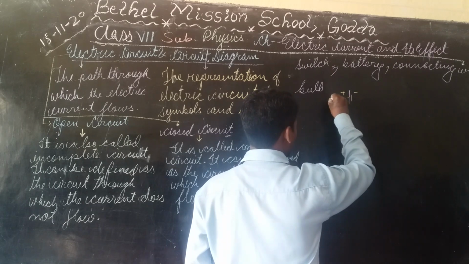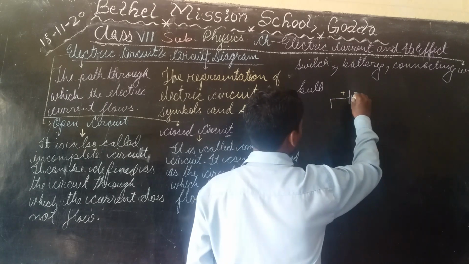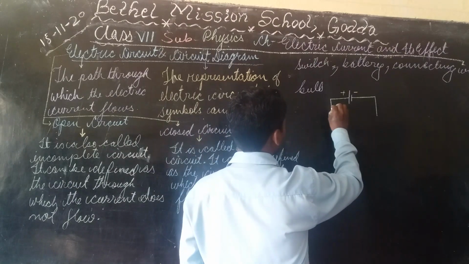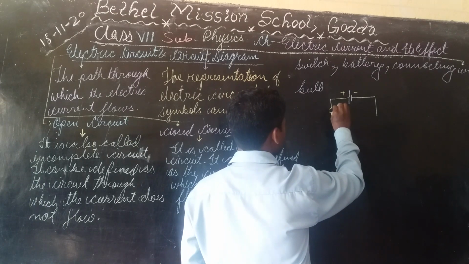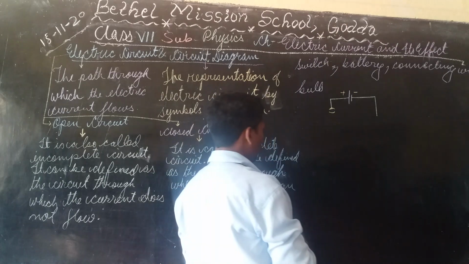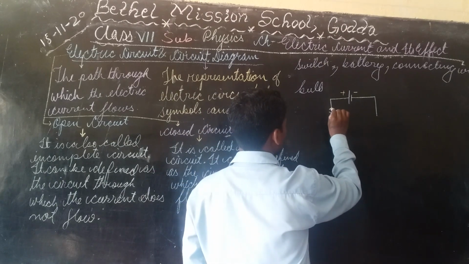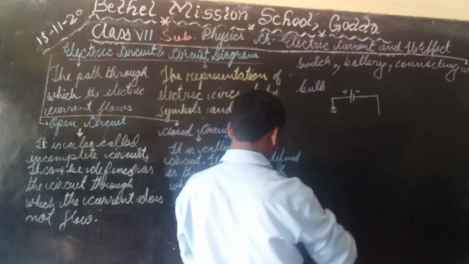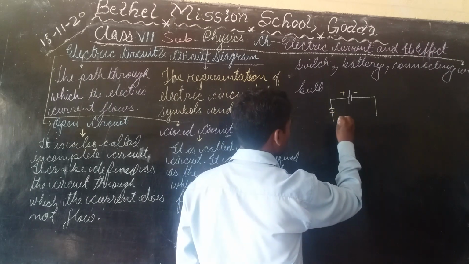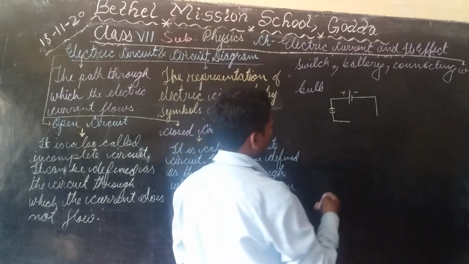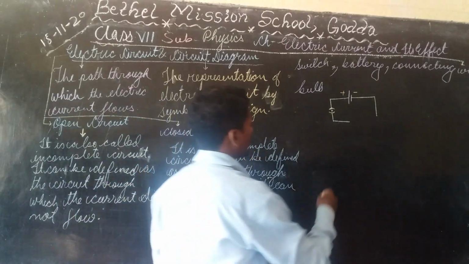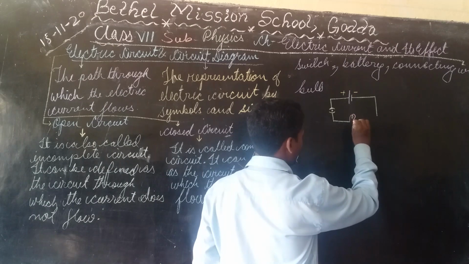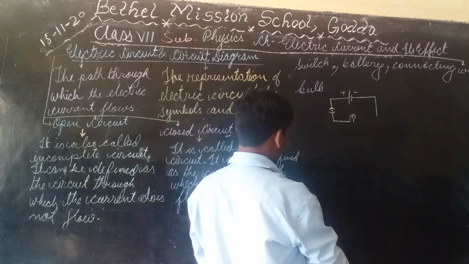Now this battery is connected to a device called a switch, or we say key. This is the key. Now this key is further connected to our device.